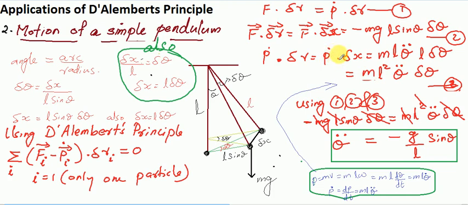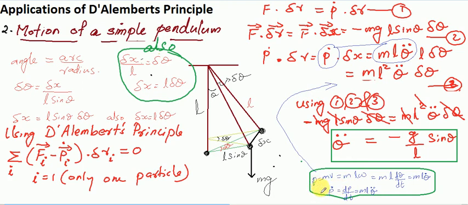Here P dot is replaced by m L theta double dot. How? You just check the sub calculation at the bottom.